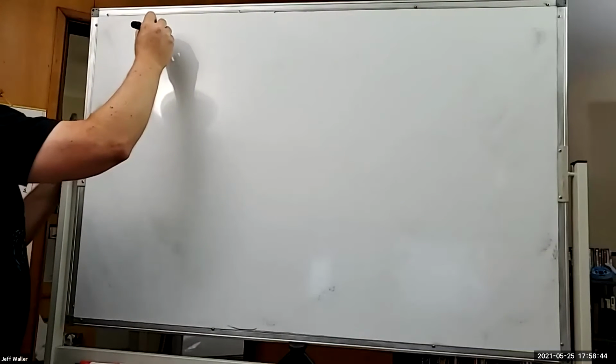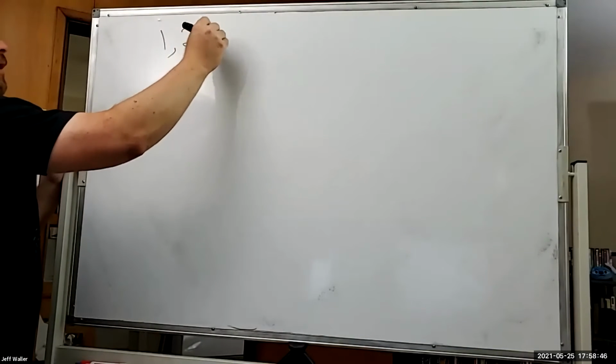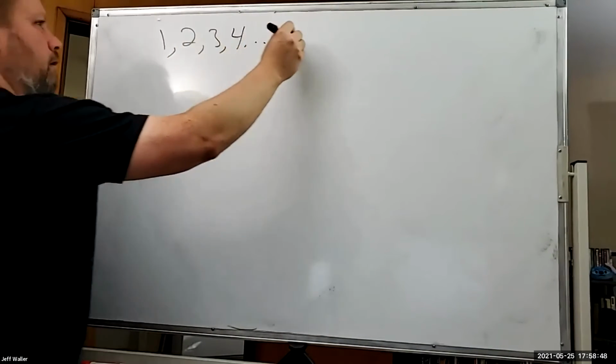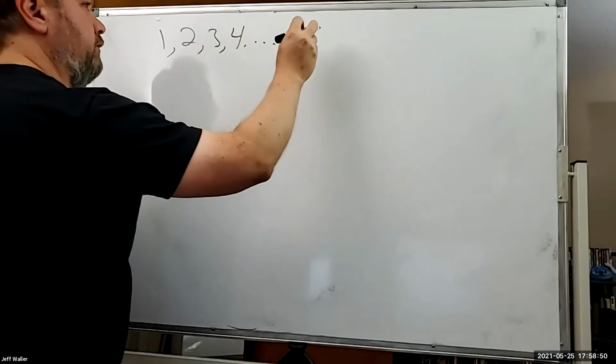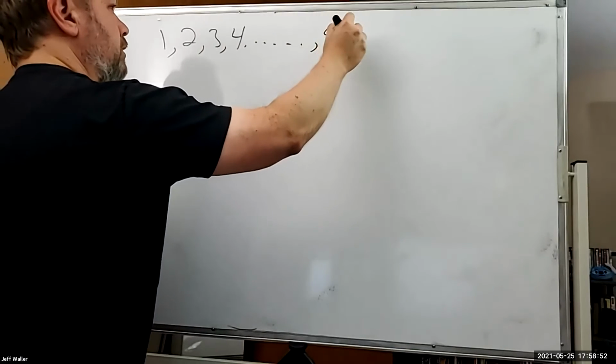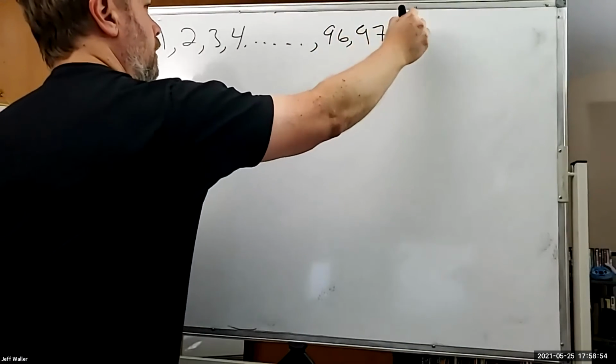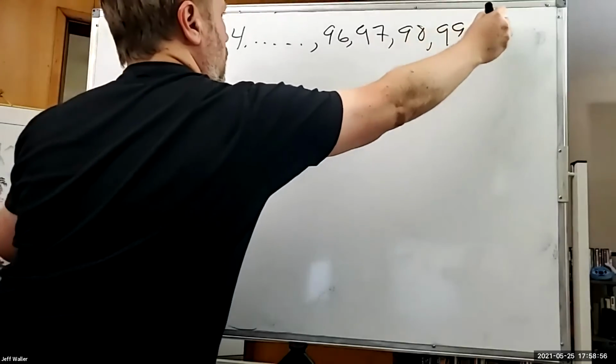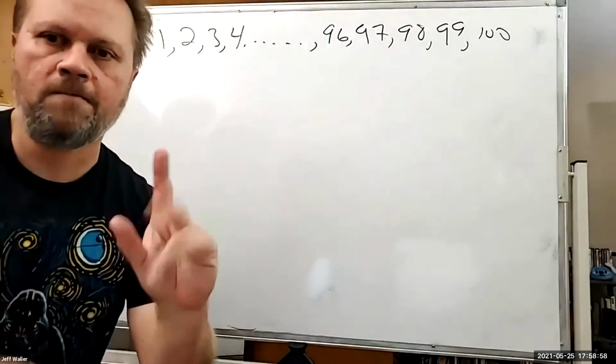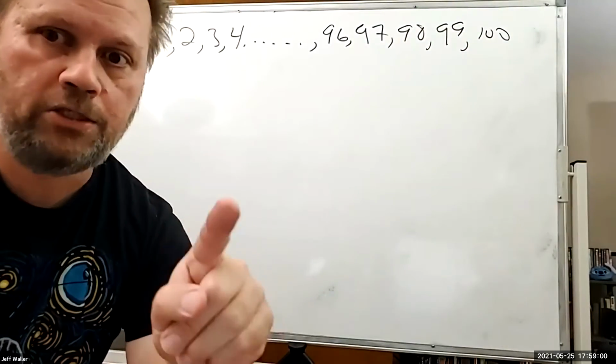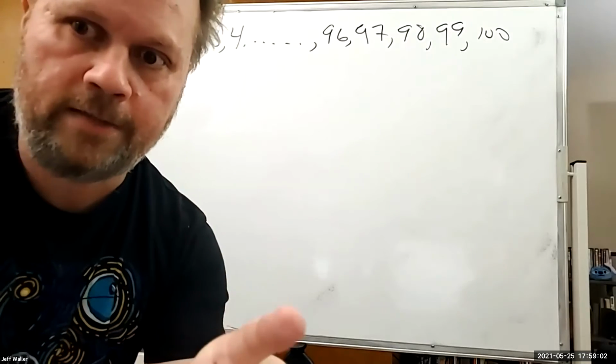If I said add up all the natural numbers from 1 to 100, well, I might as well tell you the whole story. There are actually urban legends in mathematics.